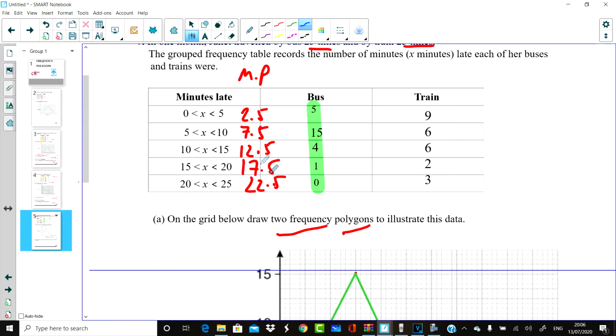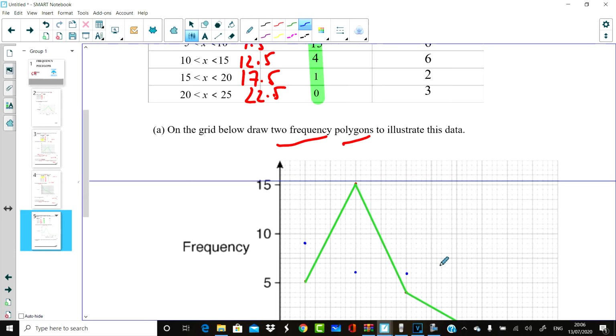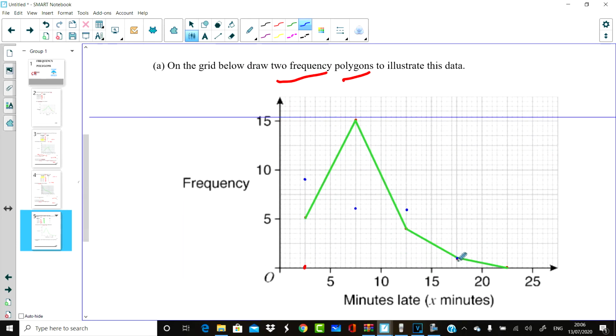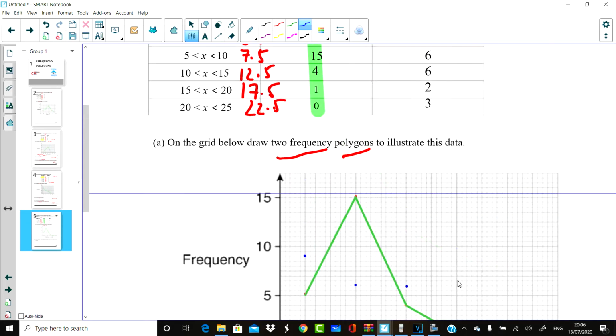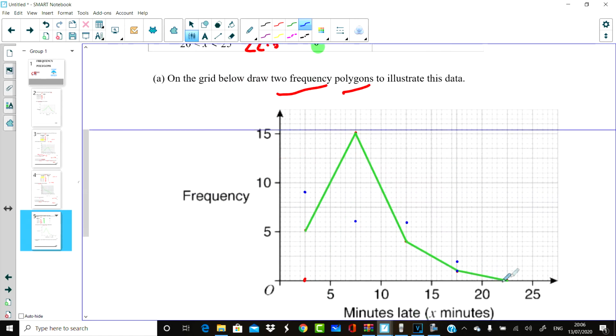Then we have 17.5 against 2, so each box is going up by 0.5, so 2 is actually going to be 4 boxes. And then we have 22.5 against 3, so that's 2, that's 2.5, and that's 3 there.